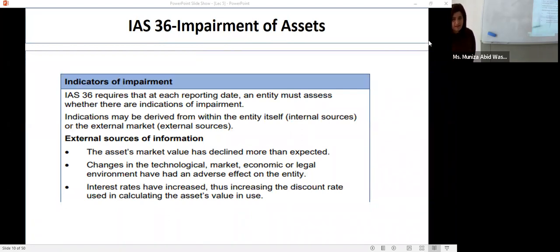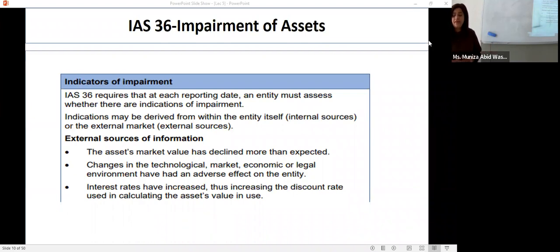When the market value of an asset has declined, it's an indication that impairment has occurred. Then changes in the technological, market, economic, or legal environment have had an adverse effect on the entity. In the environmental analysis, we do see different aspects: technological aspects, legal aspects, environmental aspects. If any of the aspects is telling us that the market value of an asset is going to drop, it means that this is an indicator of impairment.